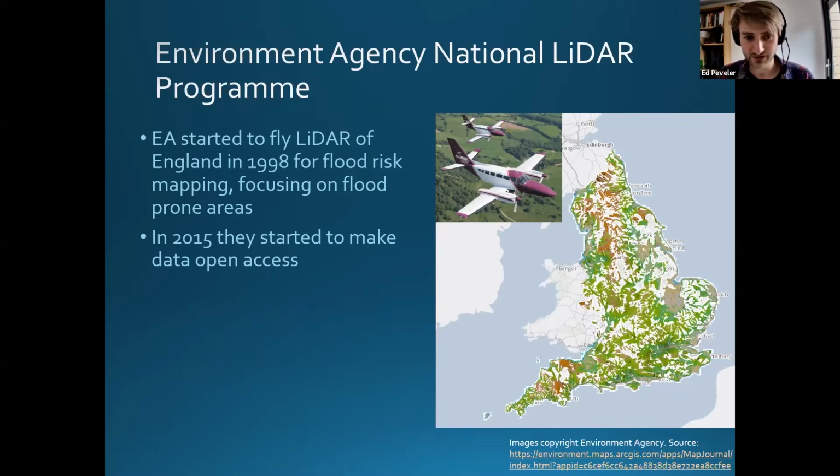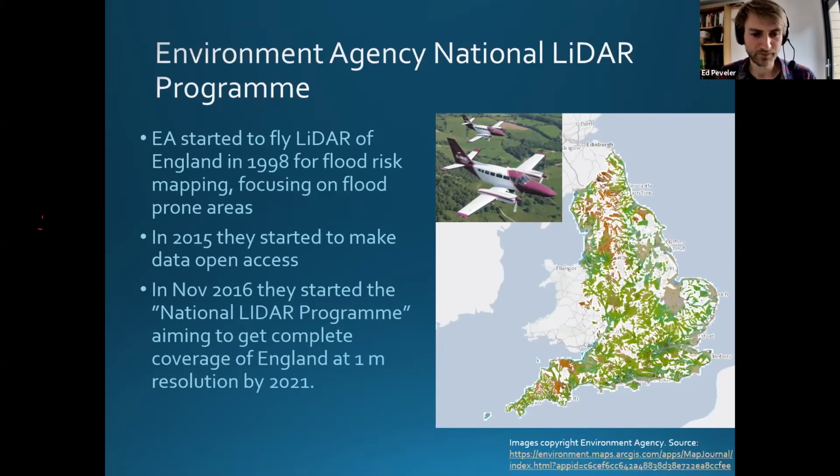In 2015, they started to make this data open access as part of the government's open data policies. And then in November 2016, they turned this probably slightly ad hoc process of flying primarily flood-prone areas into the National LiDAR Programme, with the aim of getting complete coverage of England at 1 meter resolution by the end of 2021 and making that data open access.